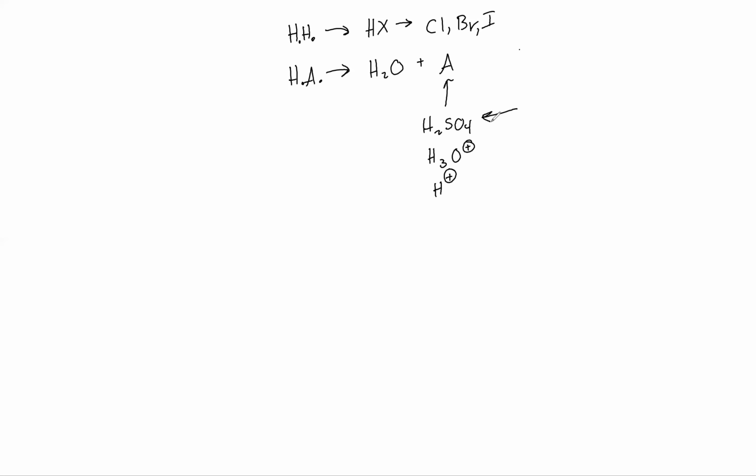Somebody is asking about carbocation rearrangement, and I'm going to put a pin in that. So like over here, carbocation rearrangement. Yes, both hydrohalogenation and hydration using an acid can undergo carbocation rearrangement.